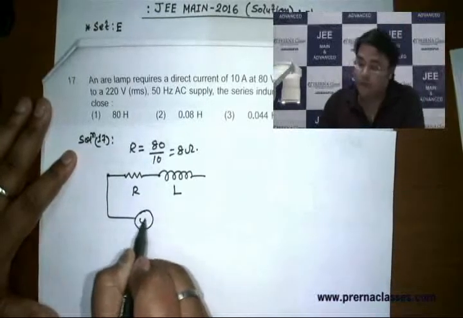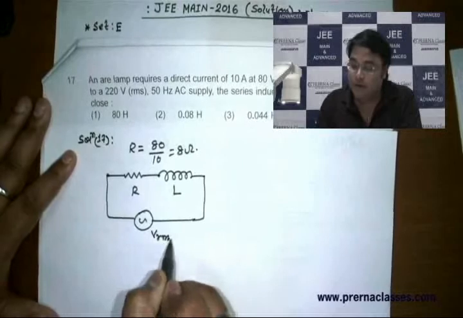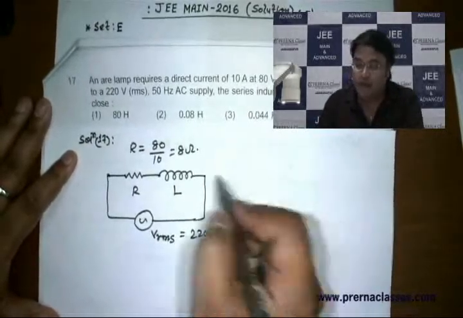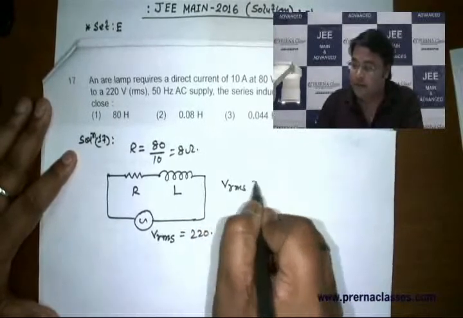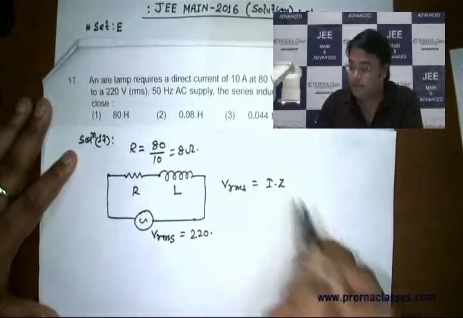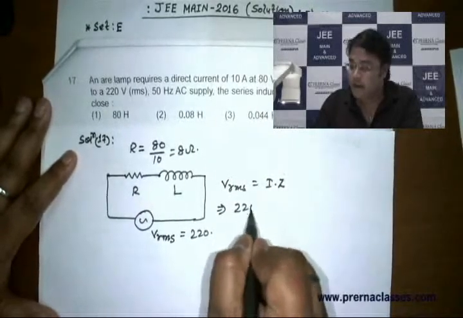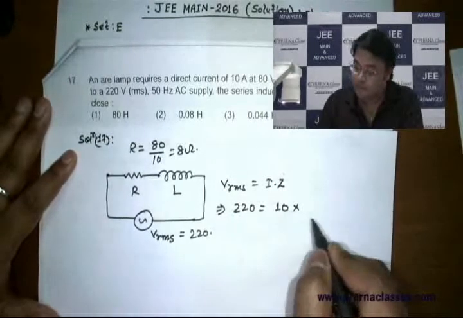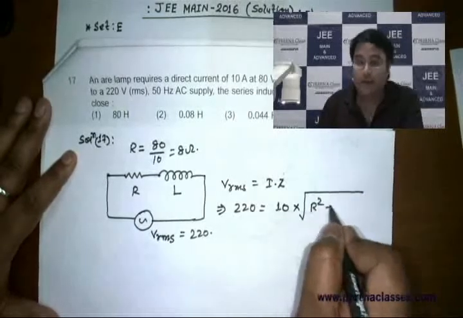Clear? Now moving toward this statement. For the observer, it appears... So definitely for normal adjustment, image formed at infinity.